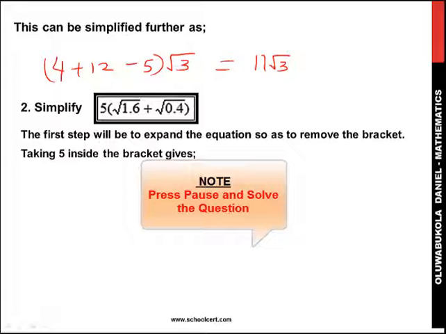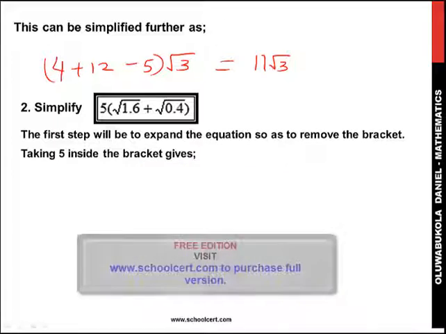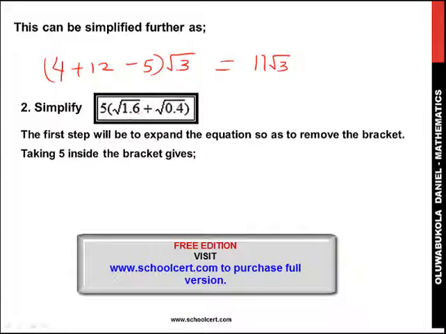The first thing would be to take 5 into the bracket. So we have 5 multiplying all you have in each of the square roots. So 5 will then have to go in. So you have 5 root 1.6 plus 5 root 0.4. You can still do a bit of expansion at this particular point to remove your decimal points.